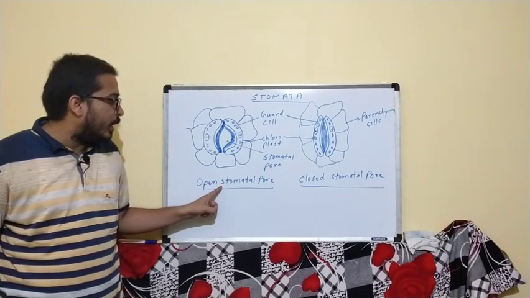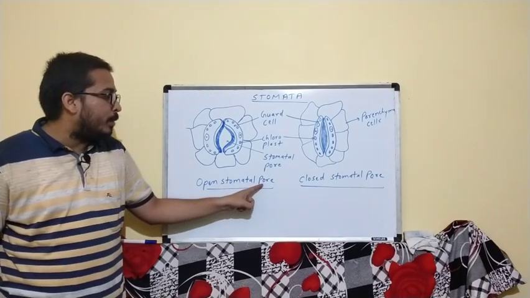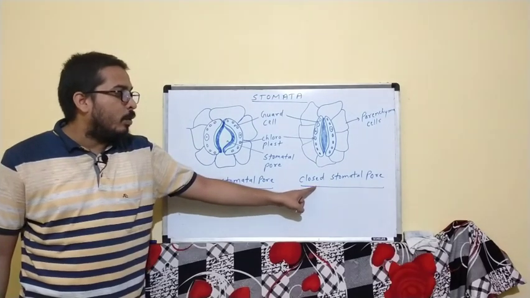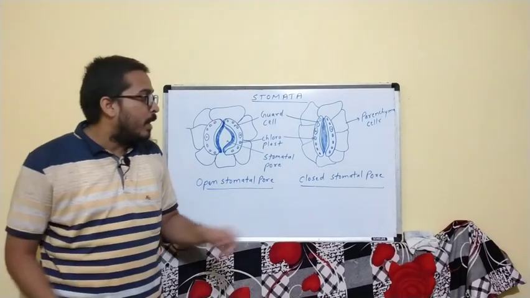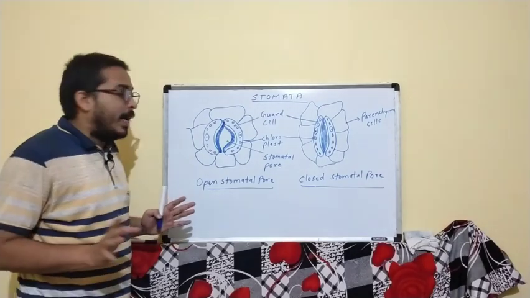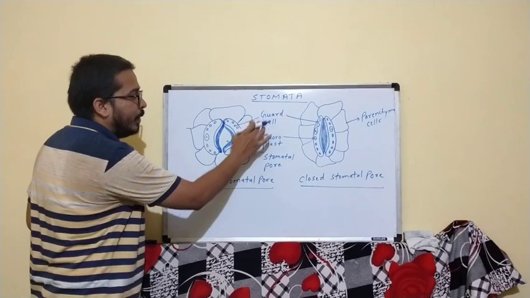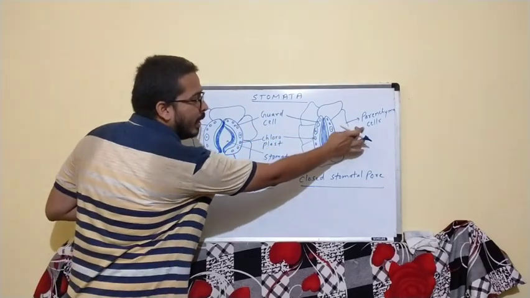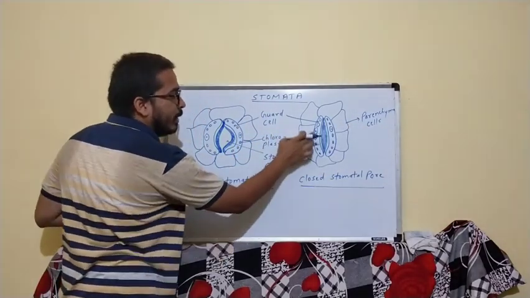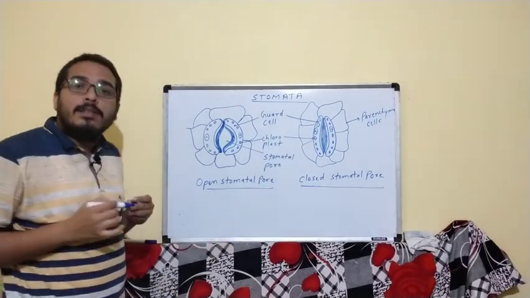You can see two different situations of the stomatal pore. In the first diagram an open stomatal pore is present, and in the second diagram a closed stomatal pore is present. First we will discuss stomata. Actually, stomata is made of parenchymatous cells and guard cells.